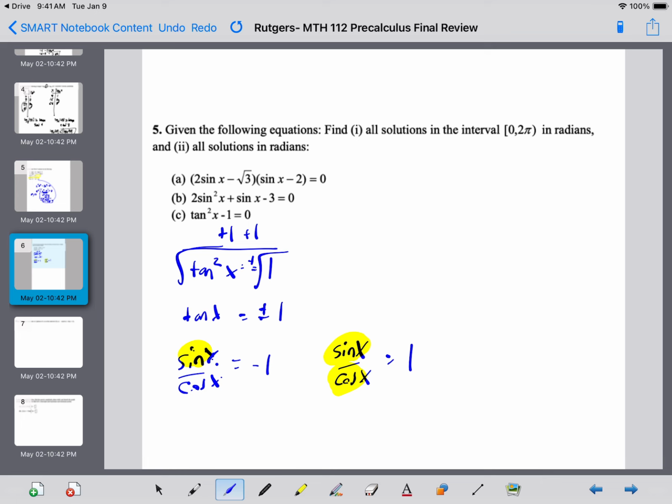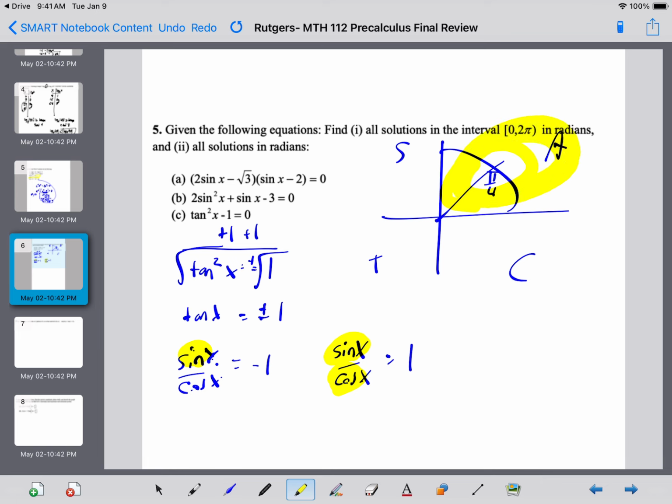And the only place that happens on the unit circle is at 45 degrees, or pi over 4, right? So remember, all students take calculus. In the case of quadrant 1, sine and cosine are both positive. So we would have pi over 4.